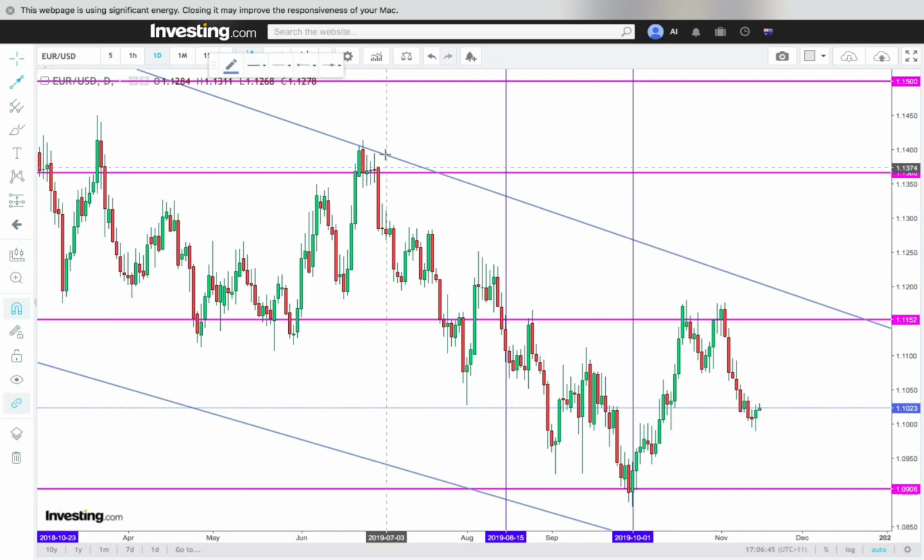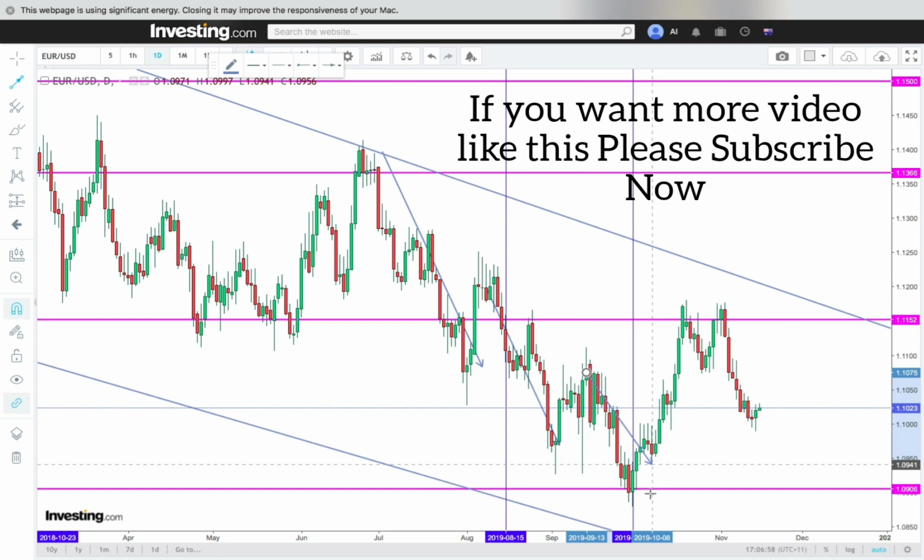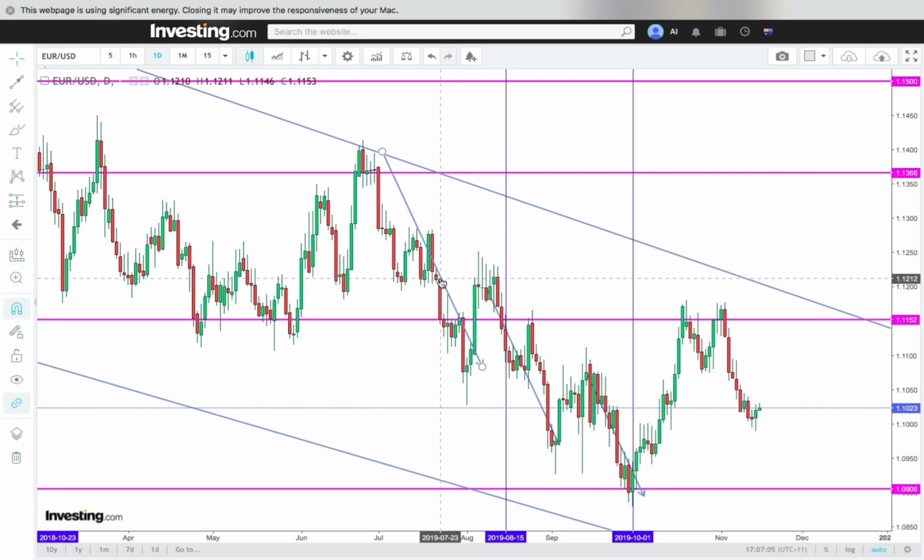Okay, let's put a line. Look at this. That downtrend from that point and this point here, and then one more line from there to there. And look at the size of the downtrend. Look how big this line is. This is a lot smaller, and this is a lot smaller.